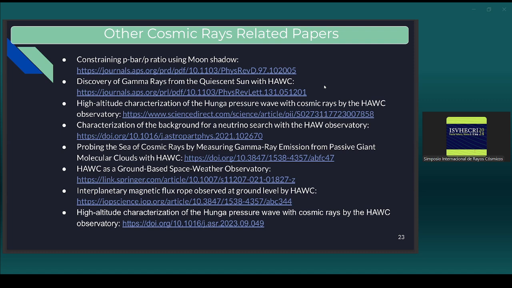I don't know if you know about the Hunga volcano, but it was a huge eruption that generated a shock wave that propagated all around the world, and we were able to characterize this by using cosmic ray data.